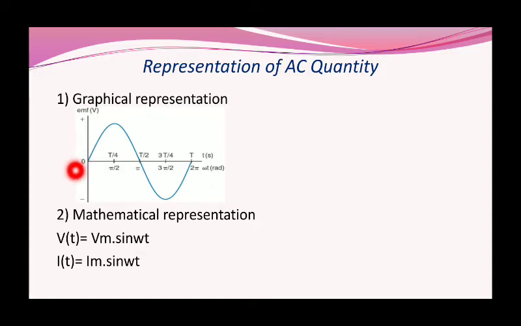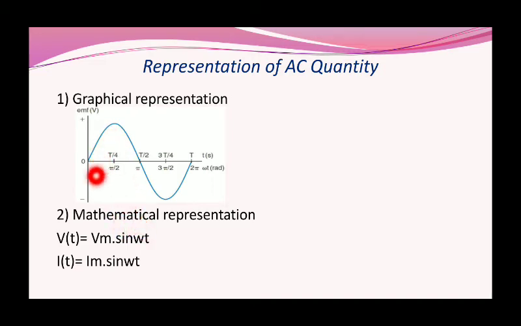v of 0 means voltage at 0 second, 0 instant, is equal to Vm. Here Vm is the maximum value, peak value. So for example, consider this maximum value as 10 volt. Then in the equation, v of 0 is equal to Vm, means for example we have taken 10 volt, multiplied by sine omega t. Here is a trigonometric term, sine of omega t.